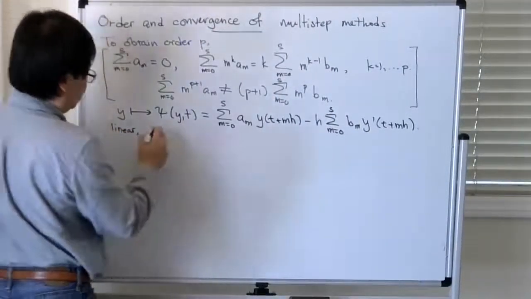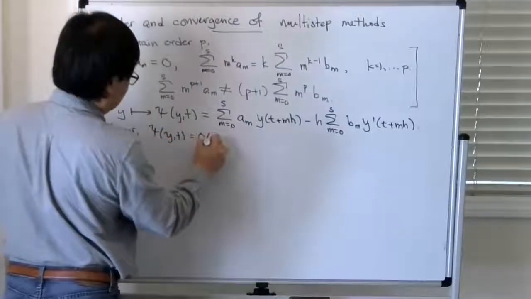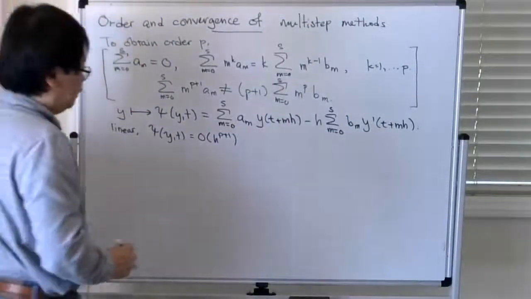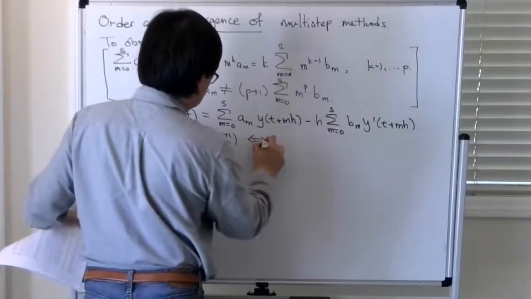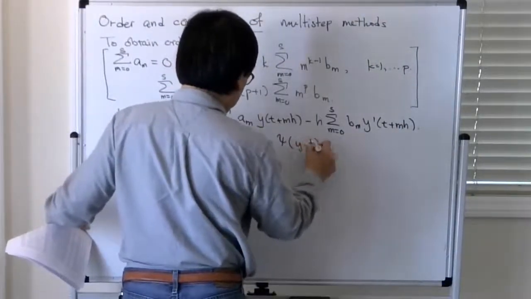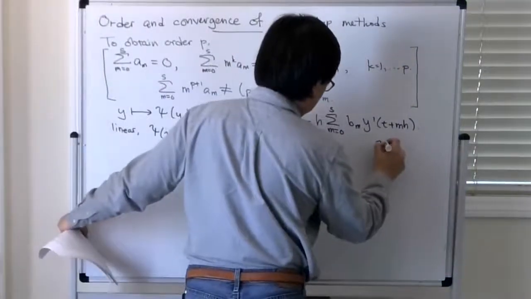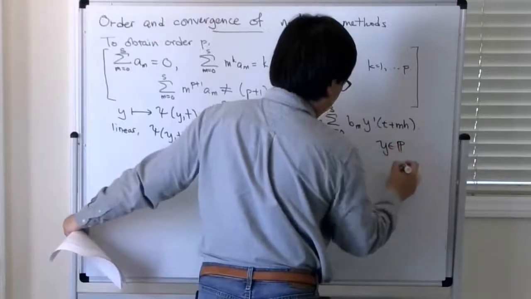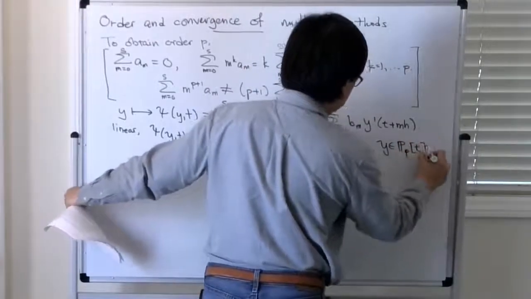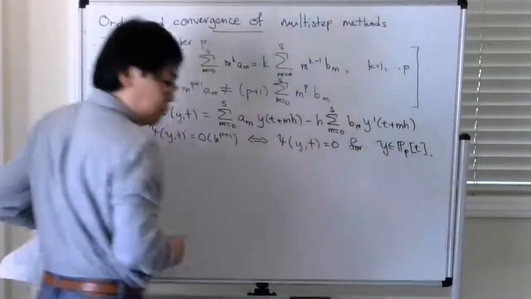And so the condition that this is big O of h to the p plus 1 is equivalent to saying that when you apply this map to a y in the space of polynomials of degree up to p, this thing is equal to 0 for such polynomials.